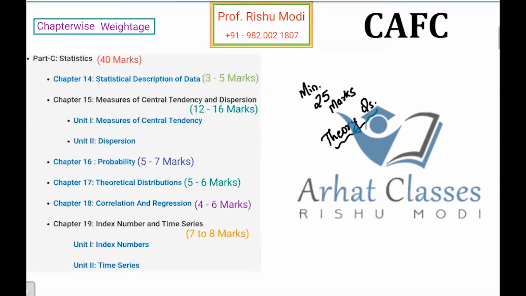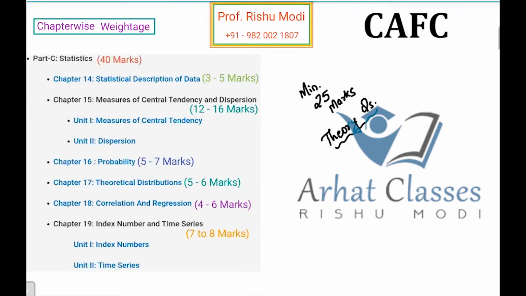Read the question properly. Read some extra books if you have. And if you want any reference, do let me know. I will provide you with the references with the notes of statistics. But you need to make your theory very, very strong for this statistics part of 40 marks. Out of 40, 25 marks means roughly 60-65% of the paper will be theoretical.